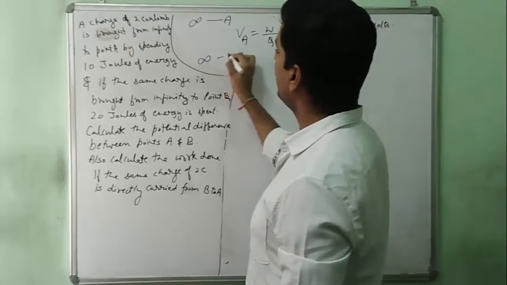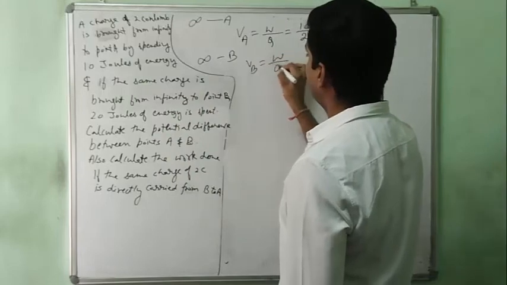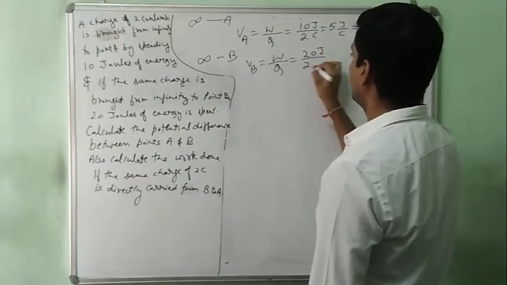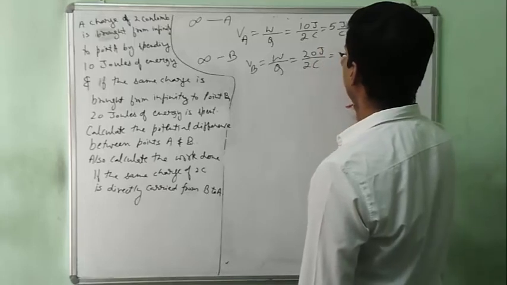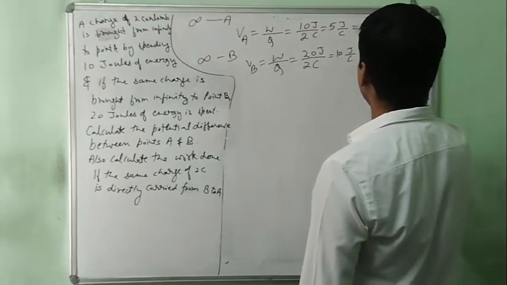Again from infinity to point B, it will be work done divided by charge. Now work done, that is energy spent, is 20 joules divided by the same 2 coulomb charge. So now it will be 10 joules per coulomb, which will be 10 volts.